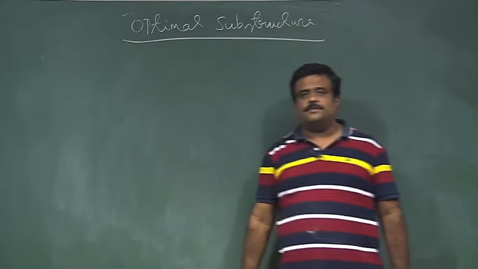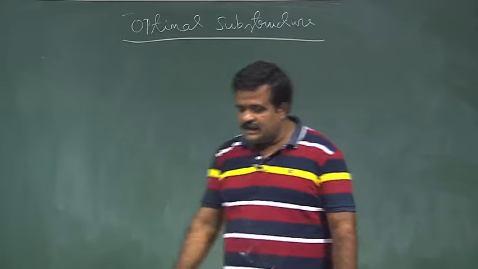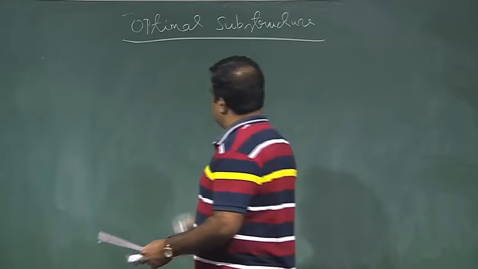What do we mean by optimal substructure here? Suppose we have a minimum spanning tree.